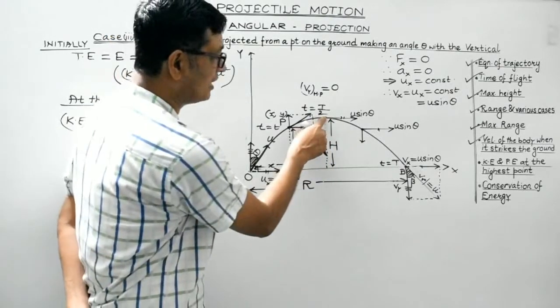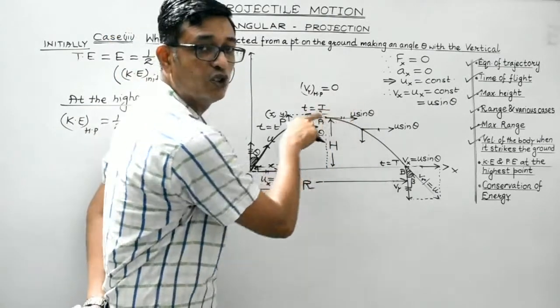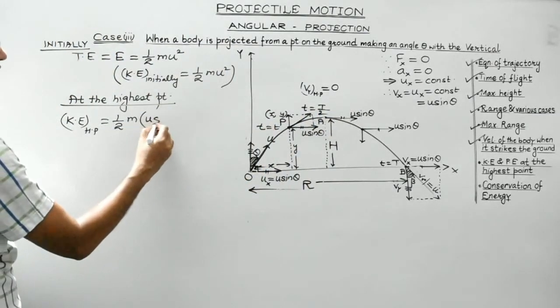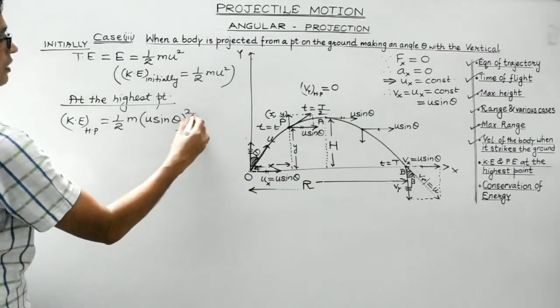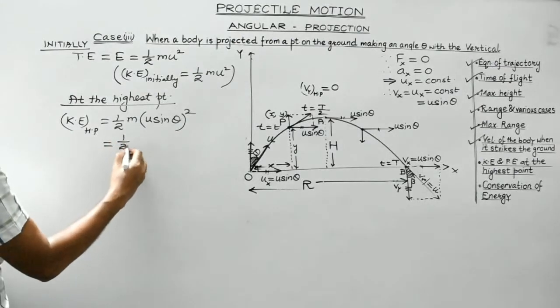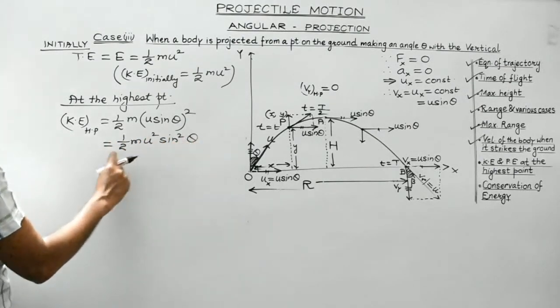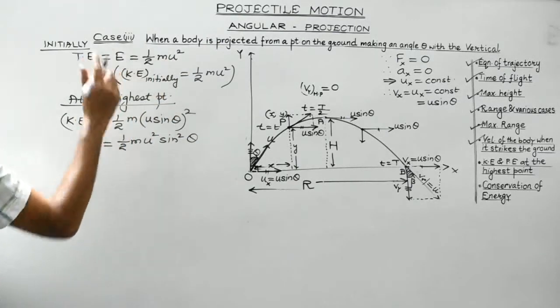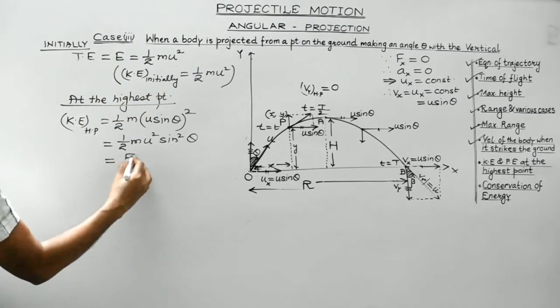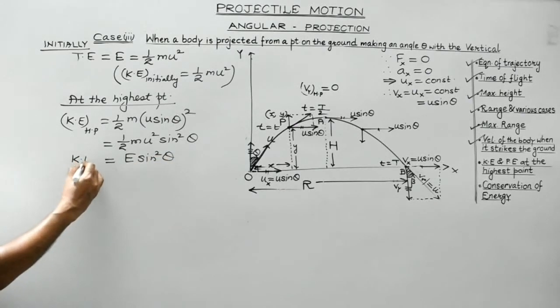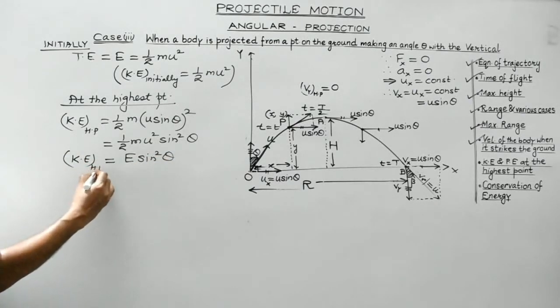But the net velocity at the highest point would be equal to the horizontal velocity, which is u cos theta. So in place of u, you will write u cos theta. So what you get is half m u square cos square theta. Half m u square is the initial total energy, so it will be E cos square theta. Clear, students? This is kinetic energy at the highest point.